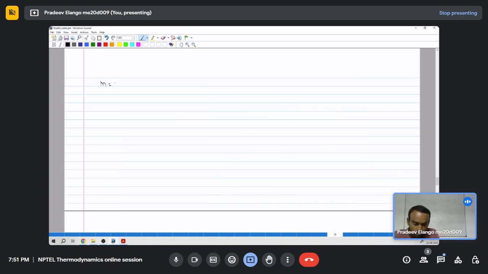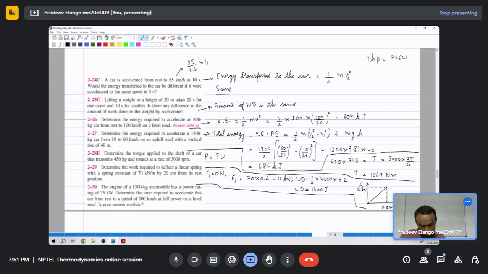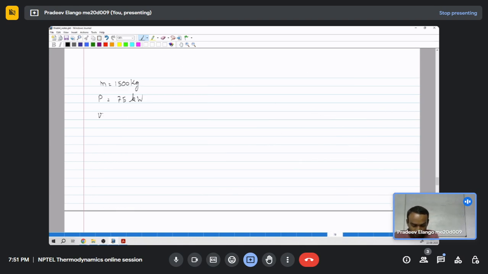Mass is 1500 kg and power is 75 kilowatt. Final speed V2 is 100 kilometer per hour.